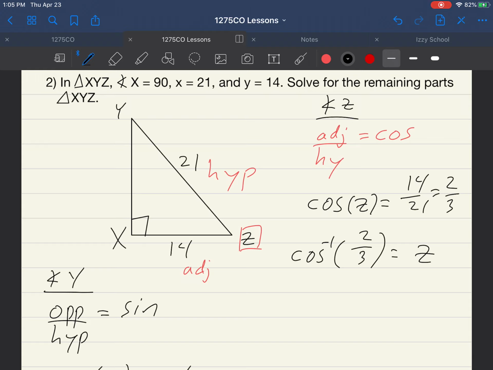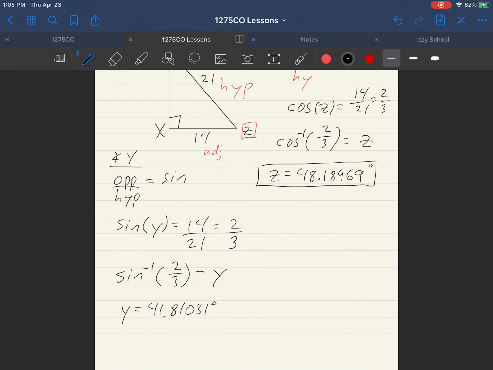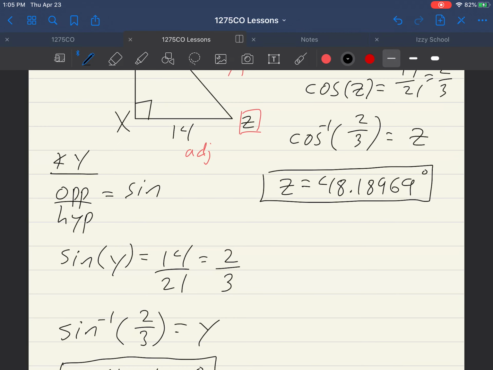So in our calculator, we'll put in the inverse cosine. We'll put in that 2 over 3 ratio in the parentheses, close it up, and end up with z equals 48.18969. Again, rounded off to 5 decimal places. This is degrees.